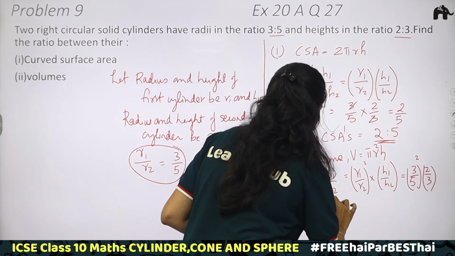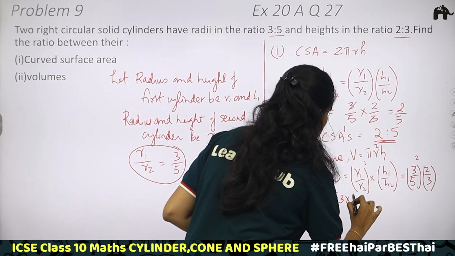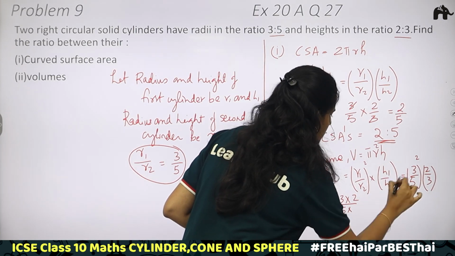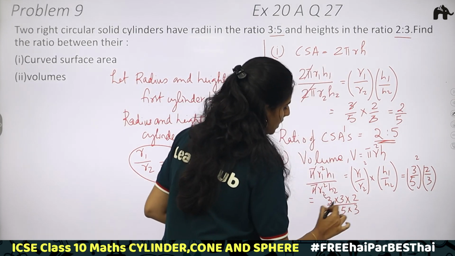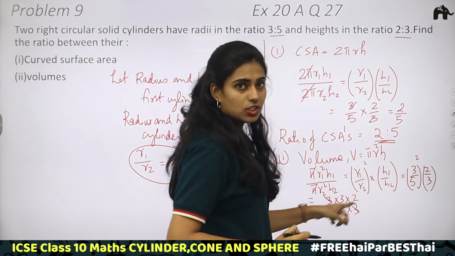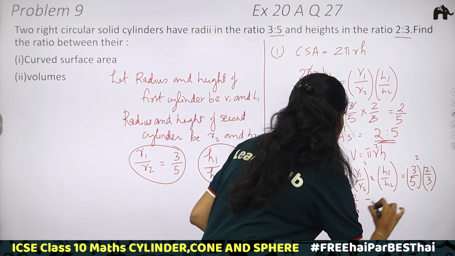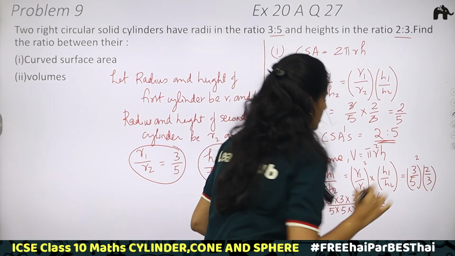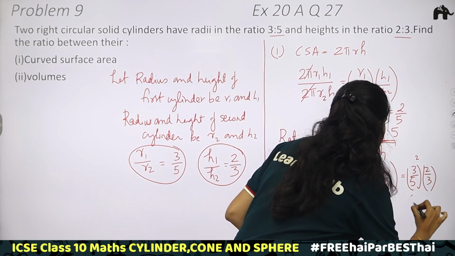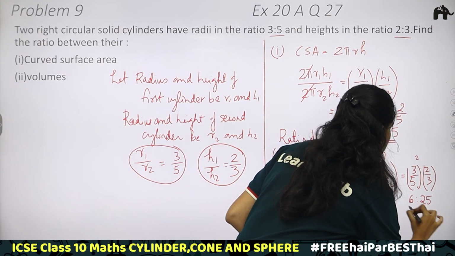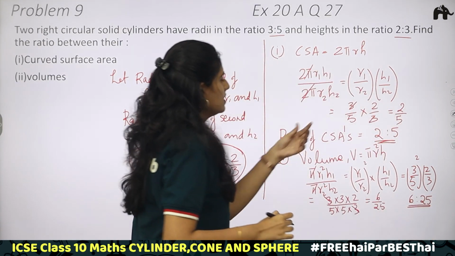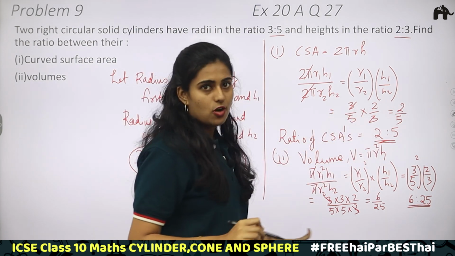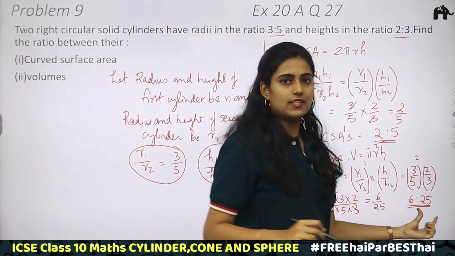That is equal to 3 into 3 into 2 divided by 5 into 5 into 3. 3 and 3 can be cancelled. So in the numerator, 3 into 2, we have 6, and 5 into 5, 25. So the required ratio of volumes is 6:25. Ratio of CSA is 2:5 and the ratio of volumes is 6:25.